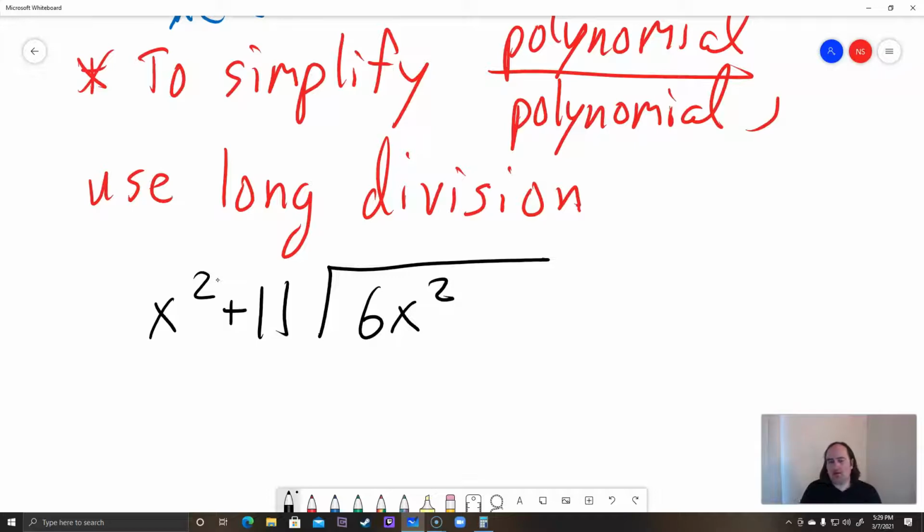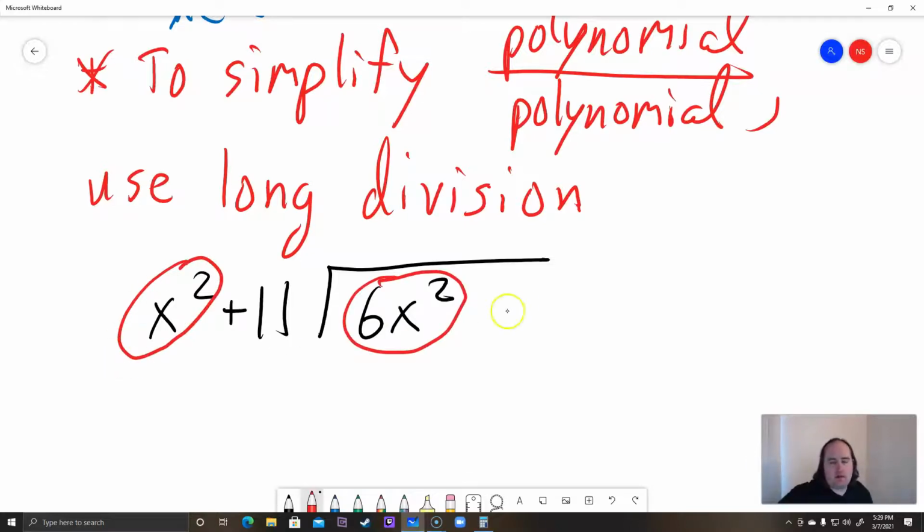It's just you're looking at terms of a polynomial, and you need to make sure you write the highest powers first. So for this one, looking at the highest powers, we look at the x squared and the 6x squared, and then we basically just divide. 6x squared divided by x squared is actually 6. So we end up with a 6 up here.